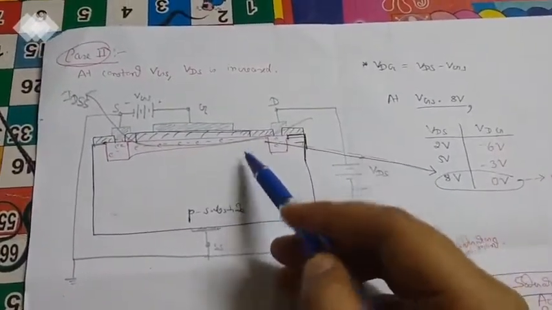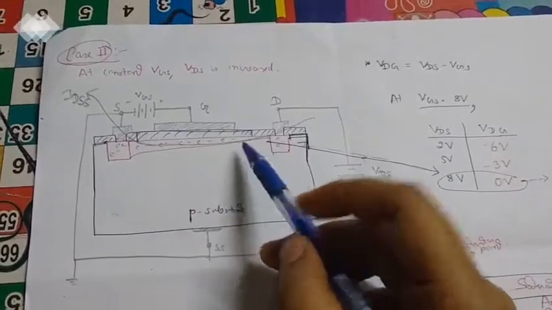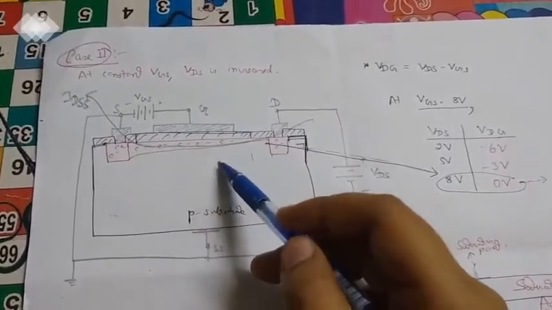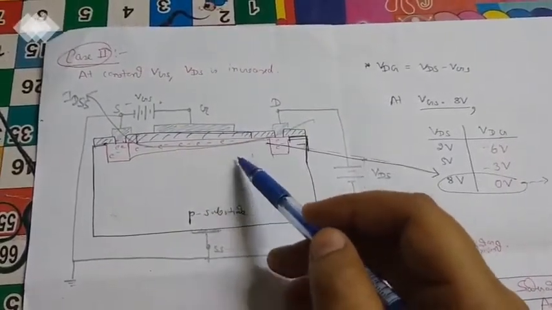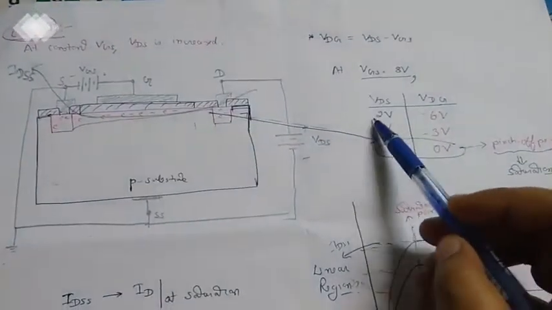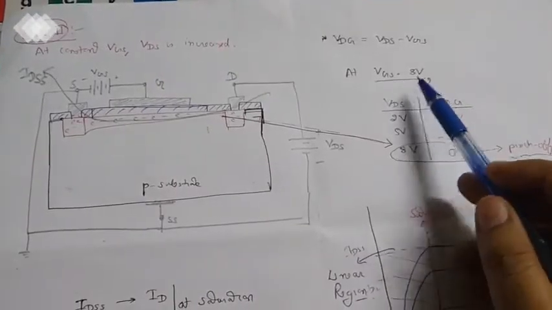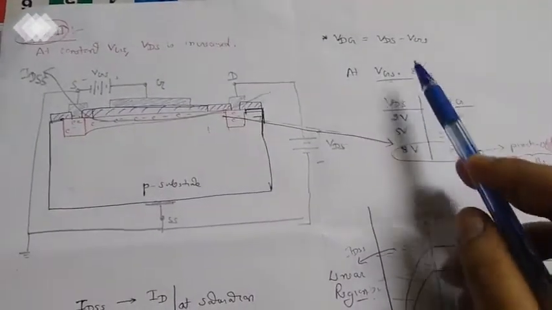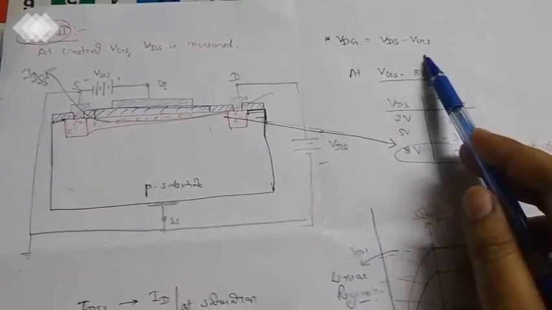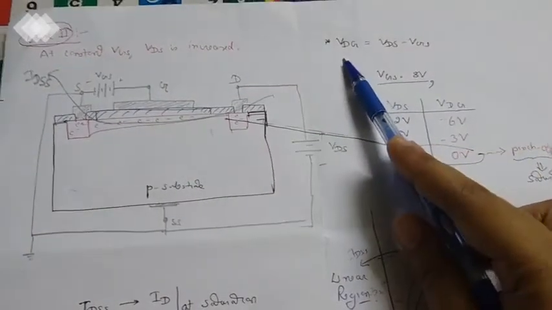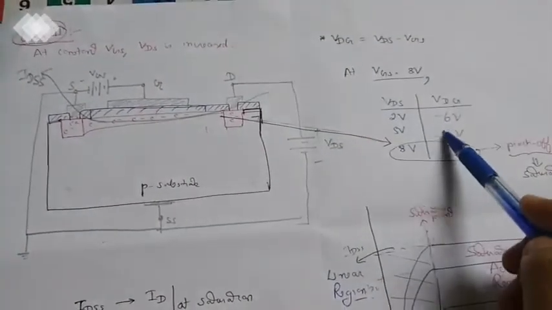At every point the voltage value will be different, because the gate voltage is positive. So at VDS is 2 volt, we have fixed VGS at 8 volt, and we get VDG as minus 6 volt.